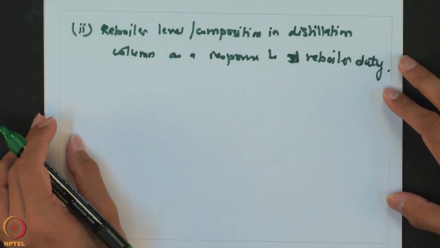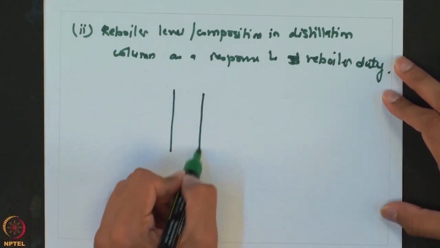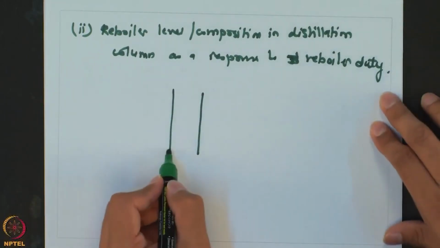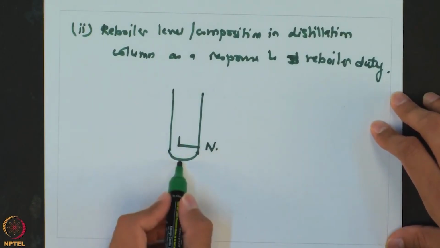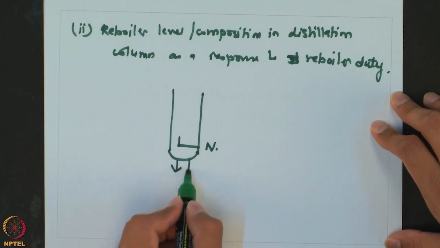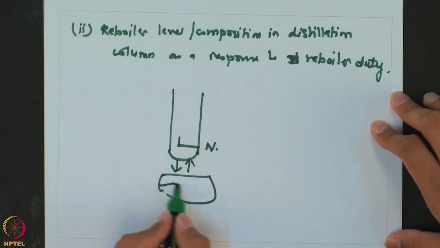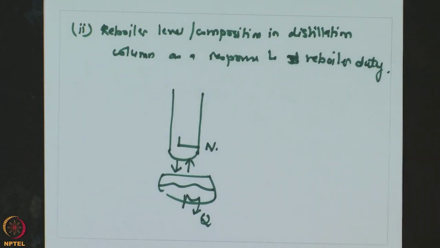What happens is, let us say if you take the bottom of the distillation column, let us say this is the nth tray, and then this is your reboiler where you provide heat.